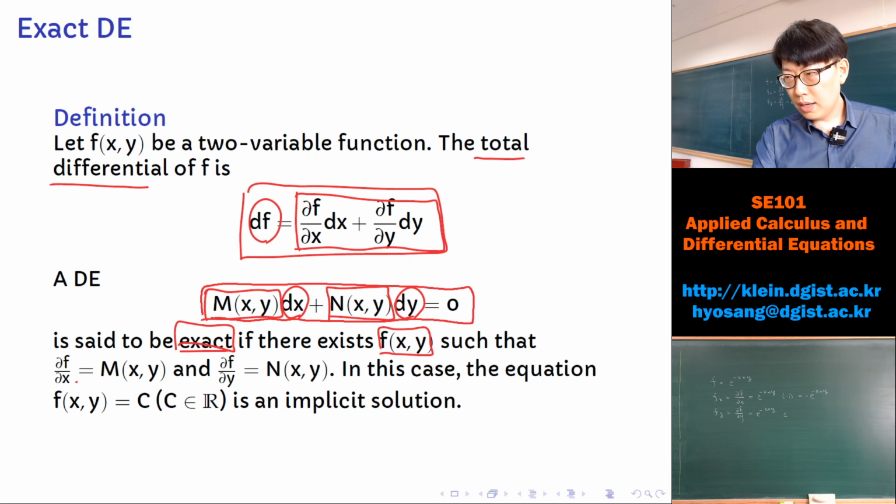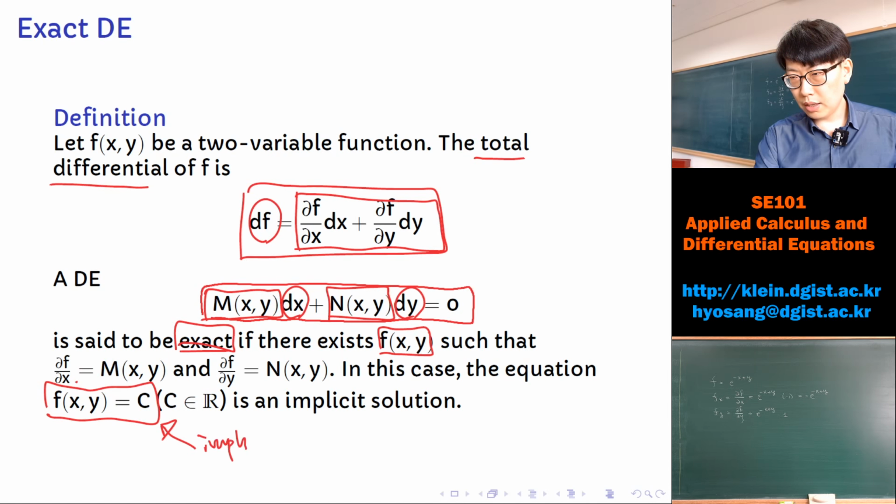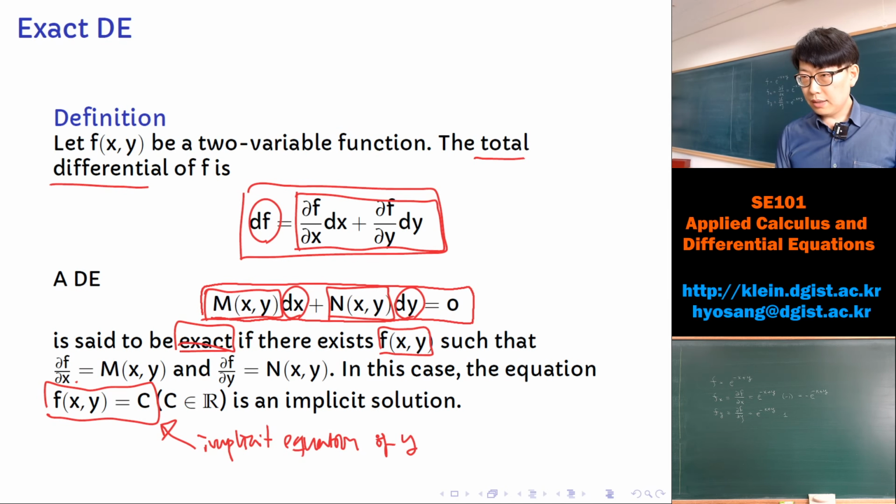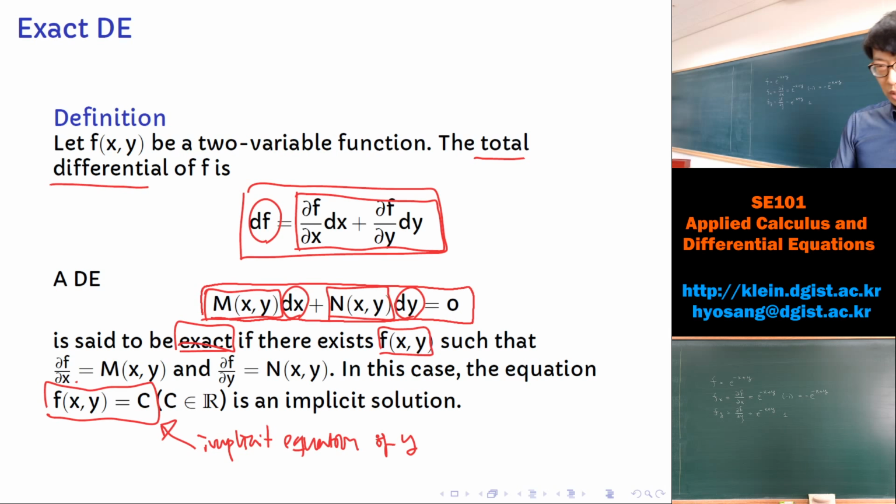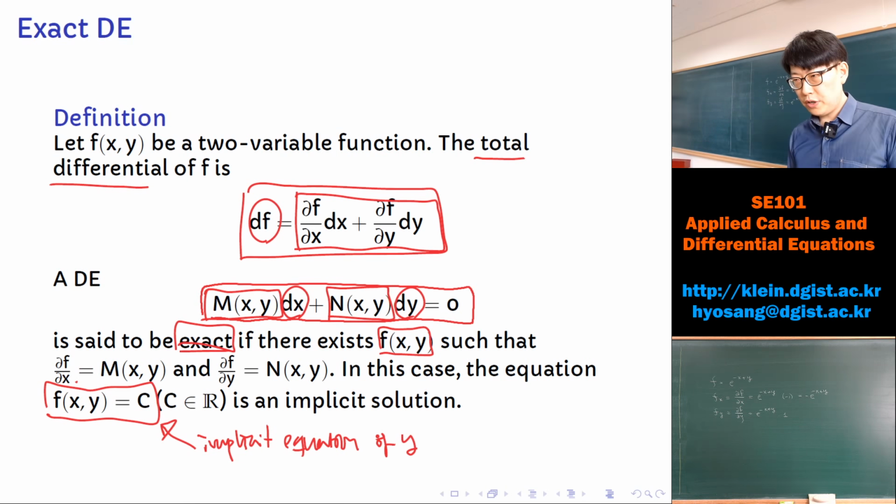Moreover, the solution to this differential equation is the equation f(x, y) equals c. This is also considered an implicit equation of y. That's why we call this a solution, because we're expressing the function y in terms of x.